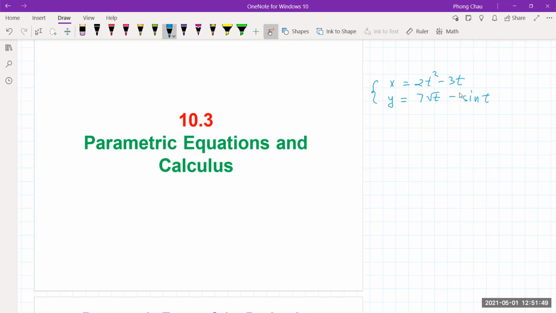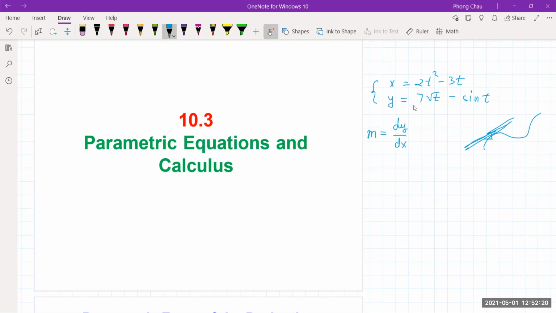If you're going to find the derivative, so you can find the slope of the tangent line to the curve, then you do need the slope. But the slope is the derivative of y with respect to x, right? That's the change of y with respect to the change of x.